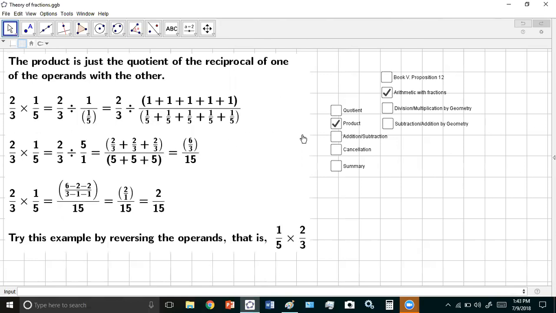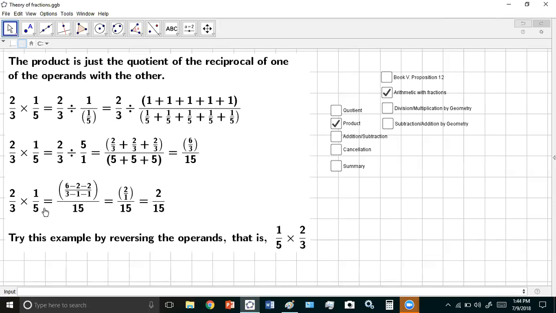Now the product is just the reciprocal of the quotient. So I can take any one of these 2/3 and divide it by the reciprocal, and all I do is the same process. I just continue to expand it out like this, in which case I'll get 5 on the top here and 1 on the bottom, and then I could work with the left-hand side and add it to itself 2 times, so that I'll get 6/3 over 15.